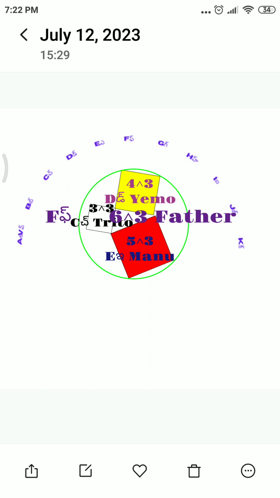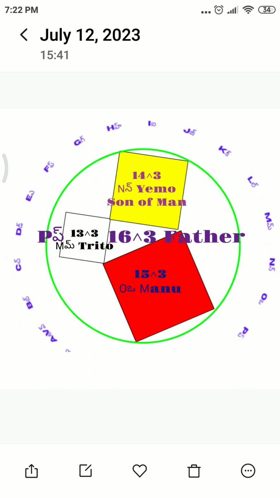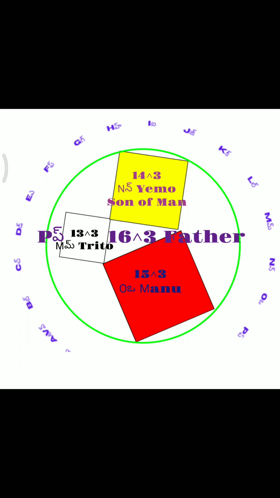These make the original triangle 3, 4, 5, right? And after that we will have 13, 14, 15. Why and how did we arrive at 13, 14, 15? Because 13 cube plus 14 cube plus 15 cube do not equal 16 cube, which I am showing as the apex figure.